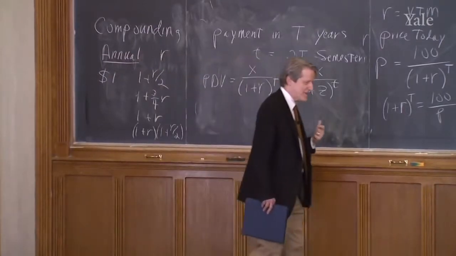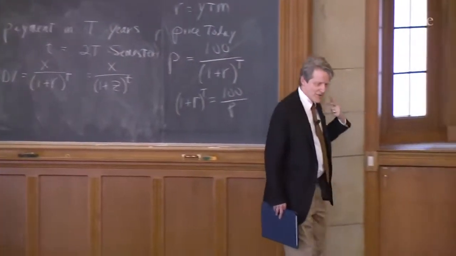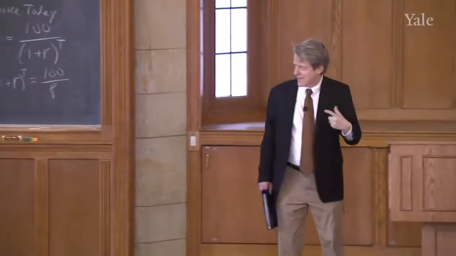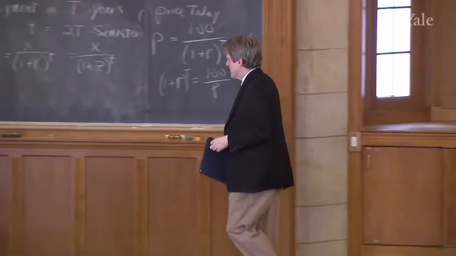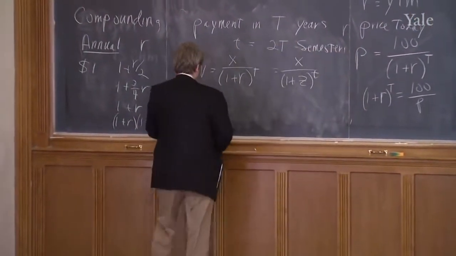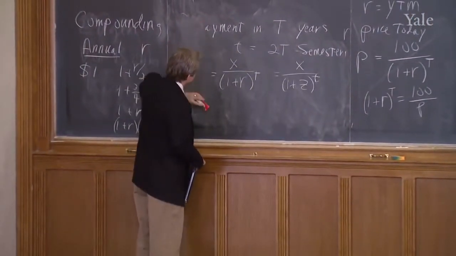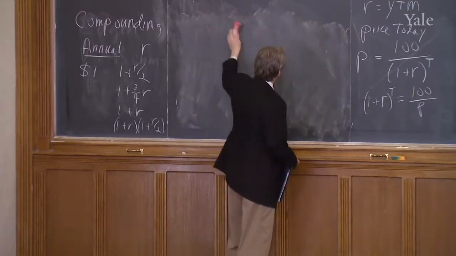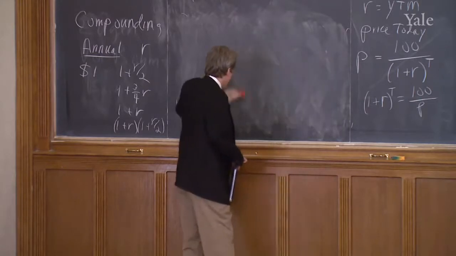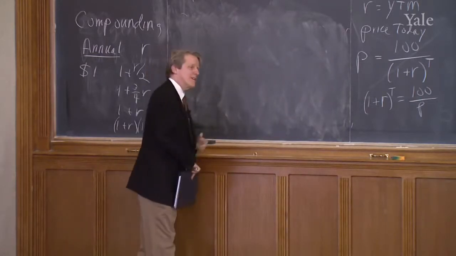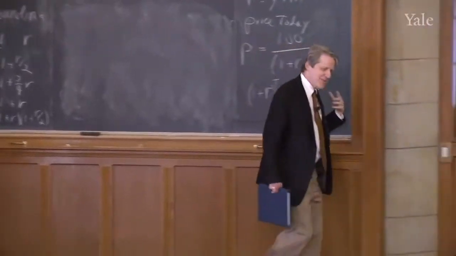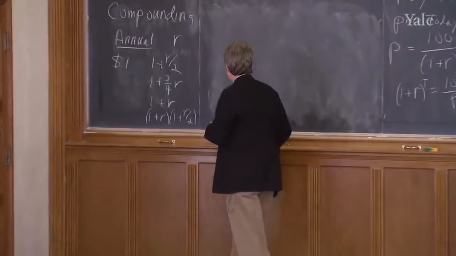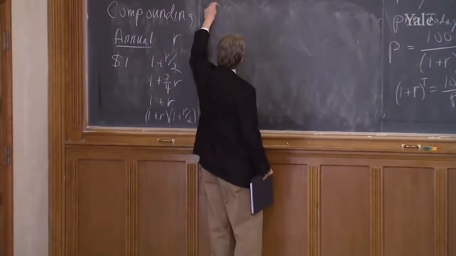If I do it 4 times a year, that means I pay 1/4 of the interest after 3 months, and then I start earning interest on interest after 3 months, and so on. What if you compound really often? You could do daily compounding, which would mean you would start earning interest on interest 365 times a year. The limit is continuous compounding.